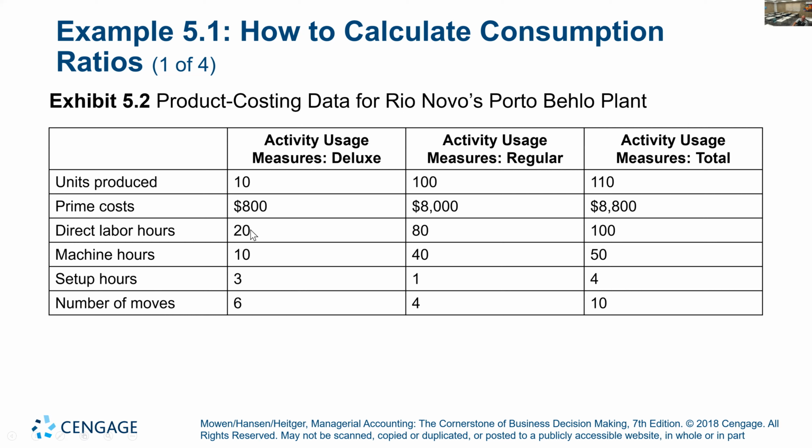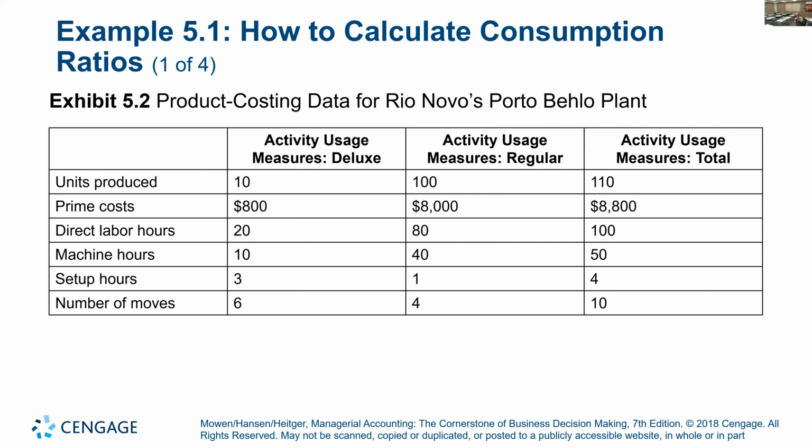So here under assembly for direct labor hours, it's 20 for the deluxe, 80 for the regular. If we're talking about a consumption ratio, we would want to know that in a percent or decimal, so it's 0.8 to 0.2. As far as assembly goes, the regular takes up 80% of the cost, while the deluxe takes up 20%.